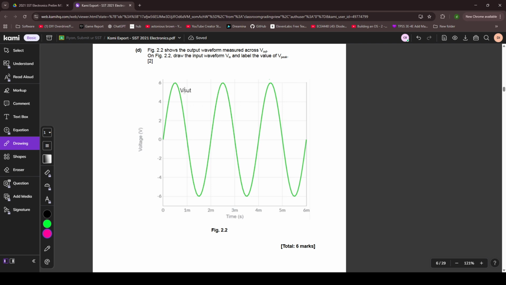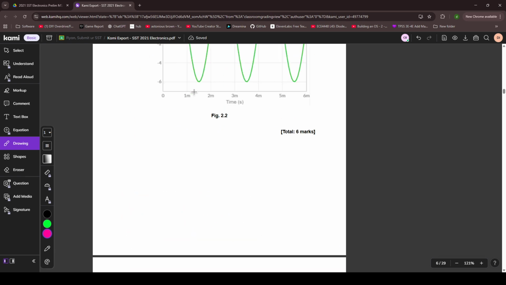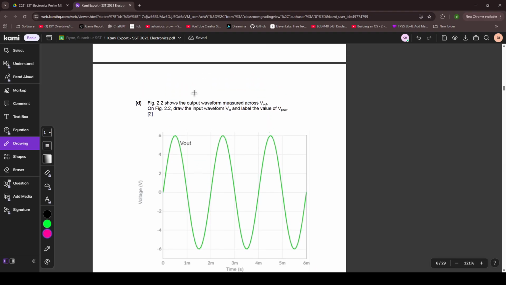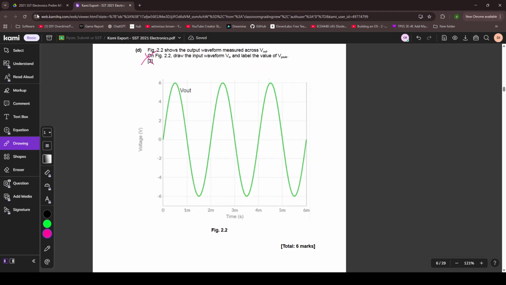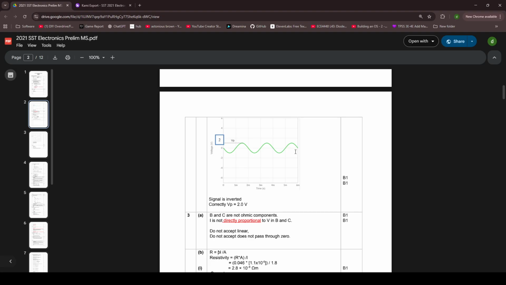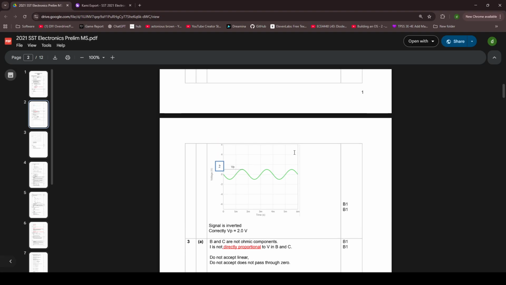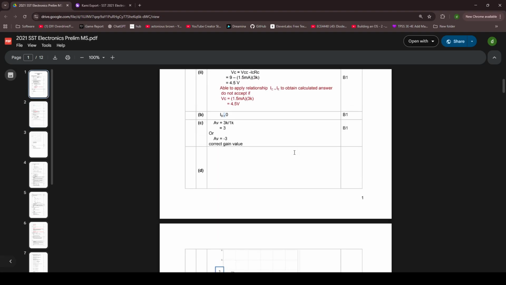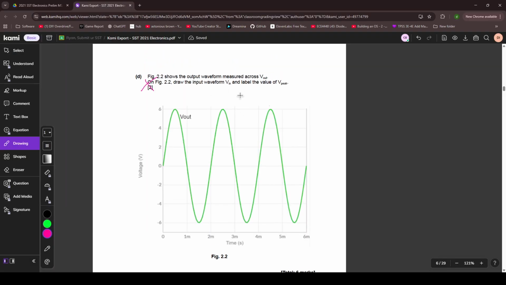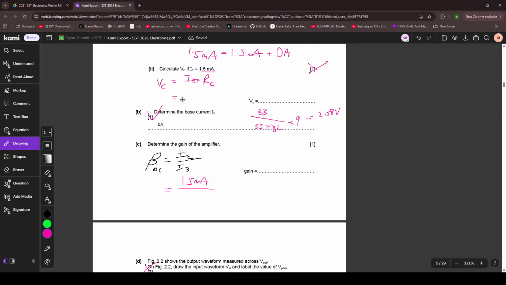Oh, this is V out. Oh, okay, you just didn't do it. Also, 0. Okay, so the voltage gain is 3.